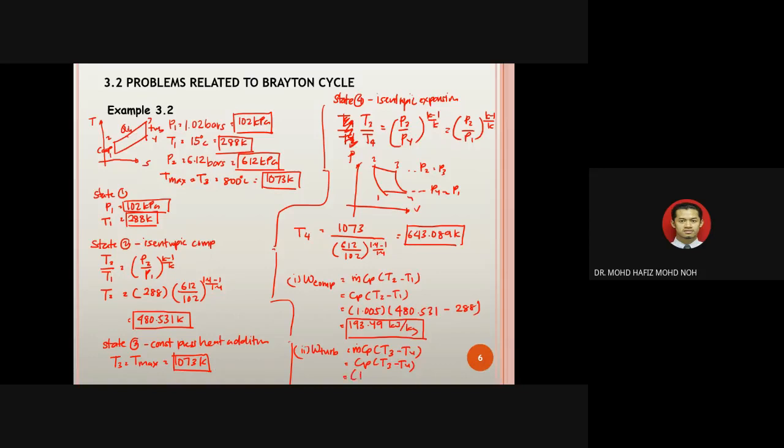So here is 1.005, T3 is equal to 1073 minus T4, which is 643.089. Then the last one, we got W turbine equal to 432.061. Okay, clear. So you got W compressor and W turbine.